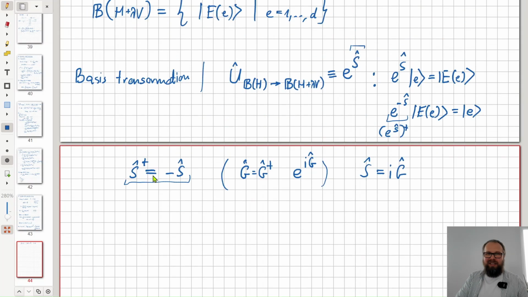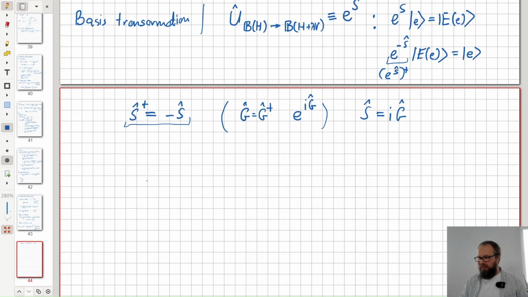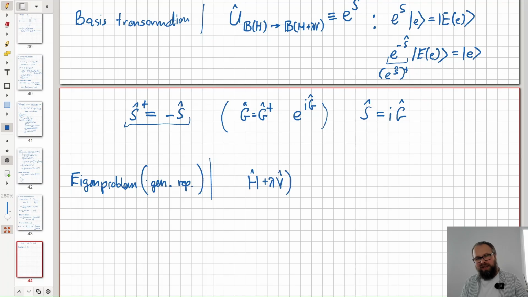So now we have this transformation. It does exist, it must exist, and so we have another incarnation of the eigenproblem: the eigenproblem in generator representation. So we want to take our perturbed Hamiltonian and sandwich it with our basis transformation.